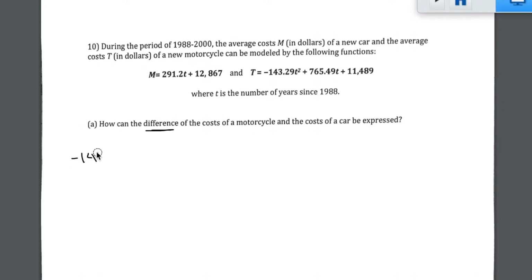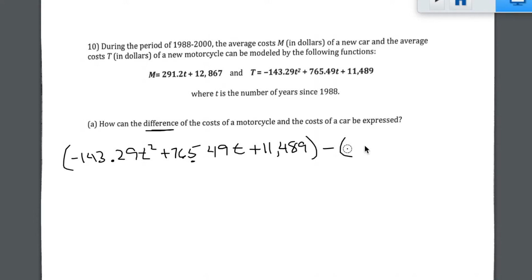So we got negative 143.29 t squared plus 765.49 t, plus 11,489, and then we are going to subtract the cost of the car.